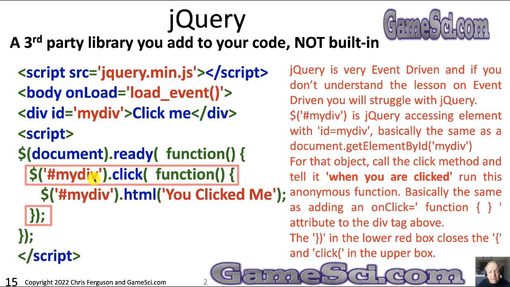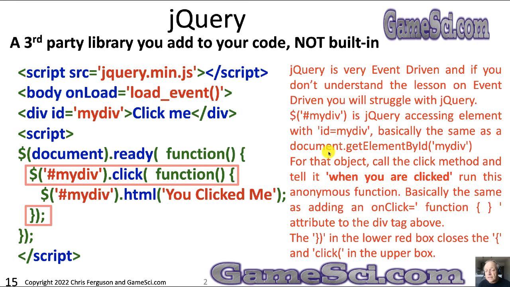$("#mydiv").click, and I pass it another anonymous function. jQuery is very event driven. If you don't understand the lesson on event driven, you'll struggle with jQuery. $("#mydiv") is jQuery accessing the element with the ID equal to mydiv.